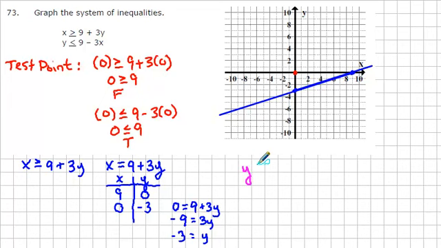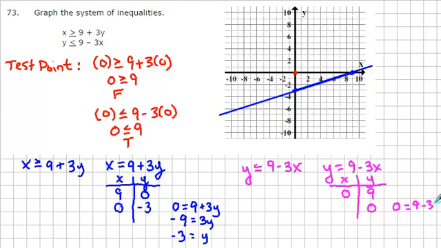We have y is less than or equal to 9 minus 3x. So what we'll do first of all is to graph the line y is equal to 9 minus 3x. So we'll make a table of values like we did before. When x is equal to 0, we can see that the y value is 9, so the y-intercept is 9. When y is equal to 0, we get the equation 0 is equal to 9 minus 3x.